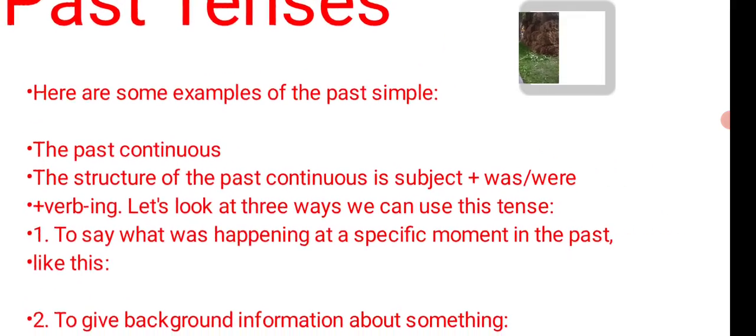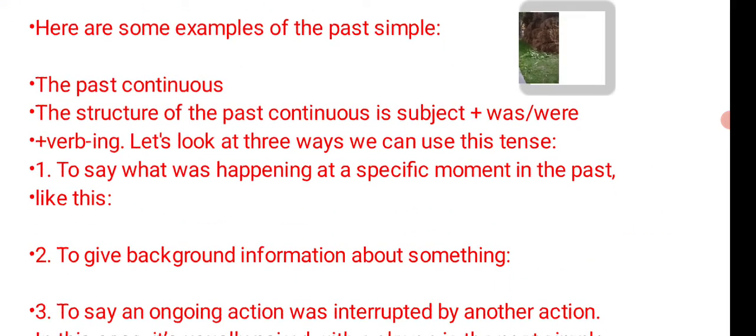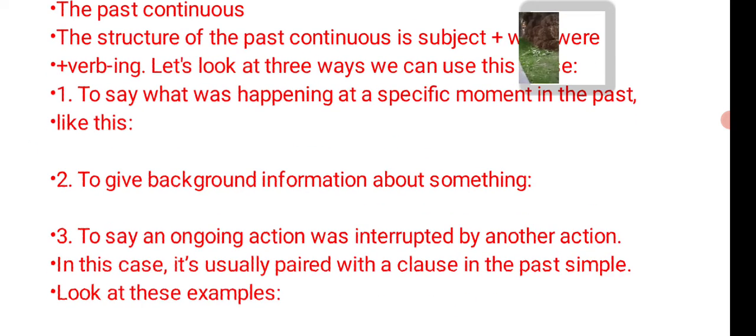And there is the past continuous. The structure of the past continuous is subject plus was or were plus verb ing. Let's look at 3 ways we can use this tense to say what was happening at a specific moment in the past. I went to the movies.